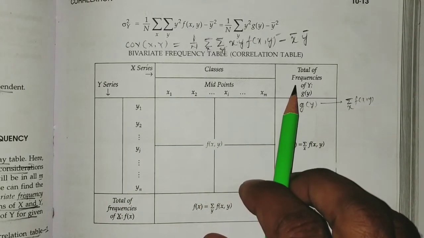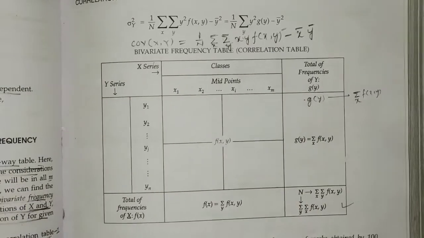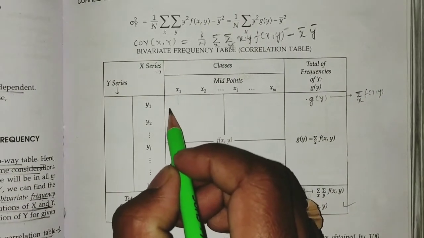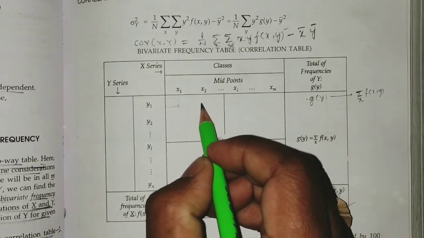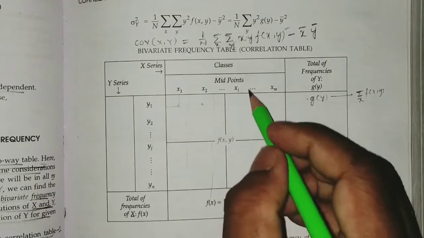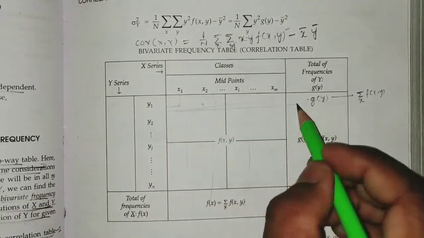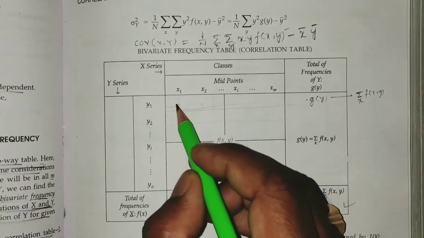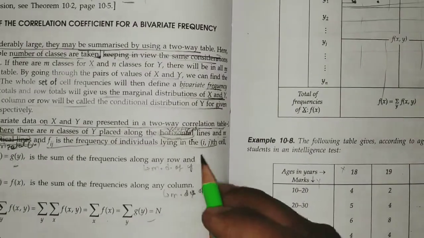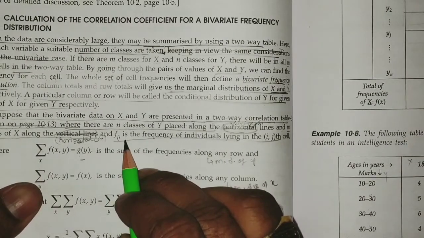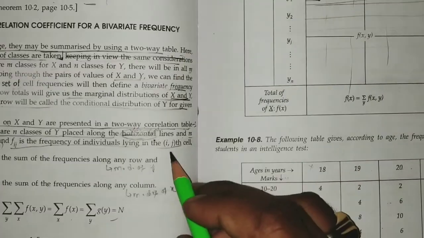Here you can see for each x and y value one cell can be found. So each cell contains the corresponding frequency fij lying in the ijth cell.